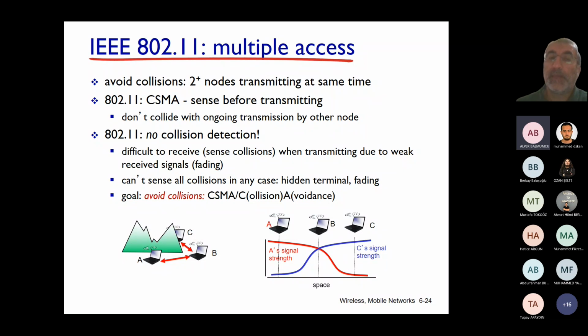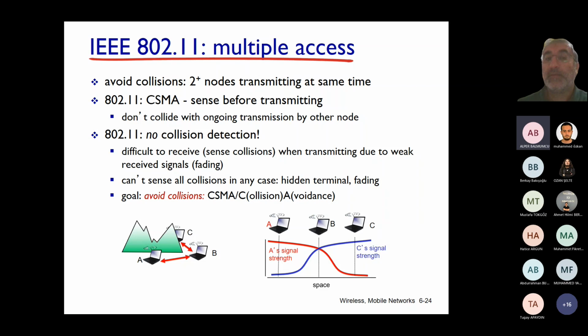Wi-Fi is a wireless technology. That's why there is no collision detection, because it's difficult to sense the collisions when transmitting, due to the weak received signals because of the channel effects, fading, shadowing, and so on.